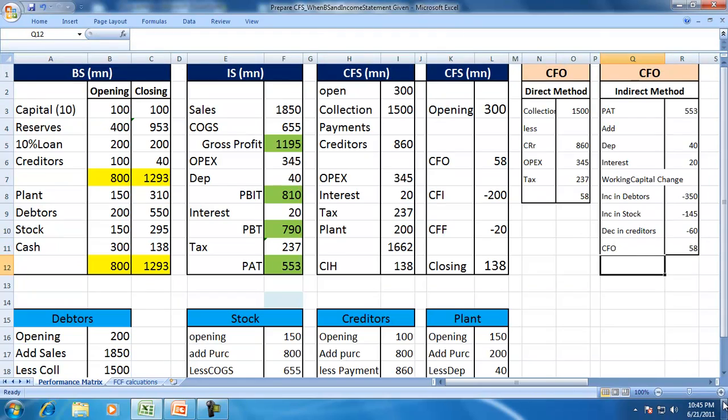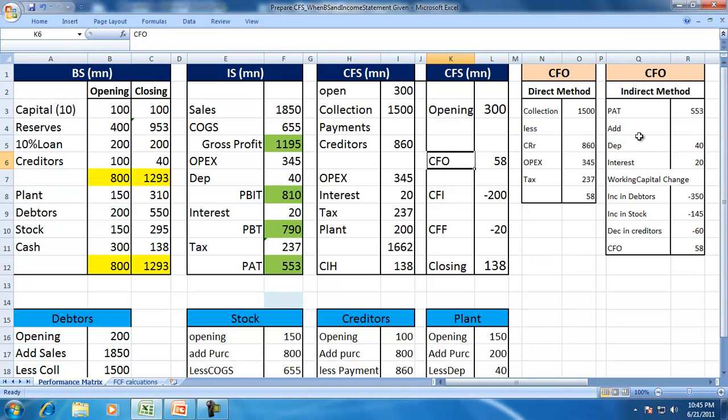So let me summarize. If the balance sheet is given, opening and closing, and the income statement is given, it is possible to prepare the cash flow statement. And if the receipts and payments are there, you can also find CFO, CFI, CFF. CFO can be prepared using the direct method or the indirect method.